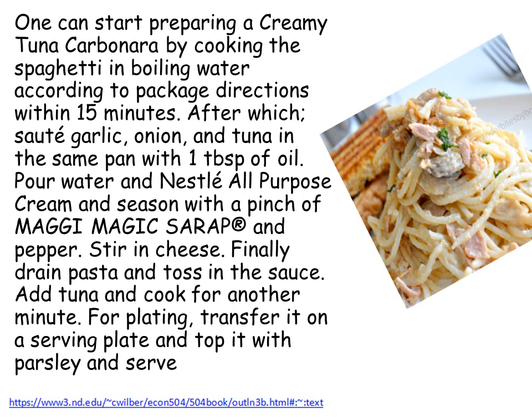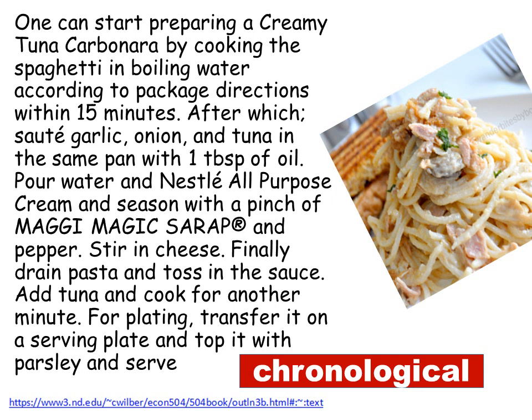And of course, the obvious answer here is chronological. Alright, so look at here. It talks about the steps on cooking a creamy carbonara. We have the clue word start, after which signals the next step after the first one, and the final step.